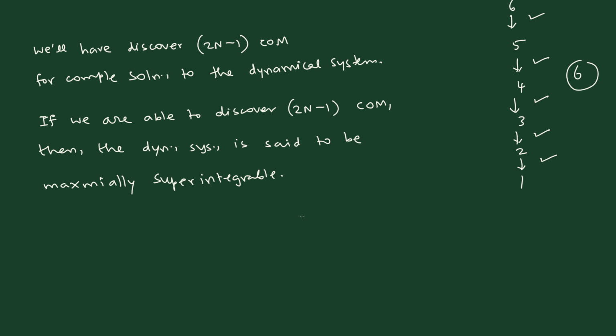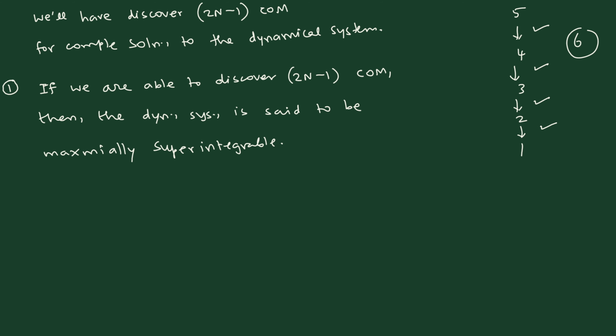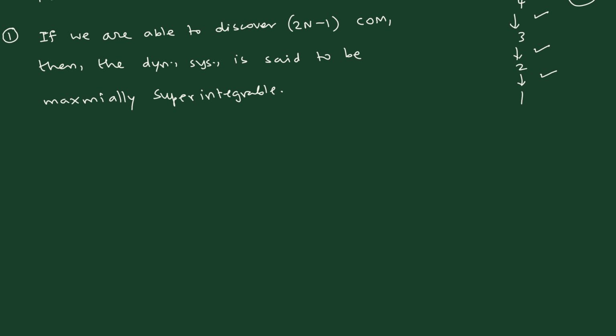Superintegrable means you are able to find every one of the constants of the motion, all that is possible. That is why it is known as a maximally superintegrable dynamical system. So this is the first important terminology in the language of classical mechanics that we are going to study, and this particular definition is important.